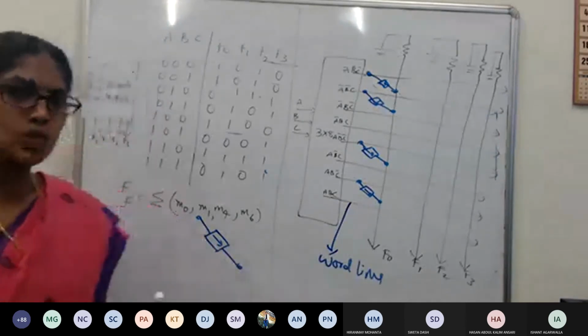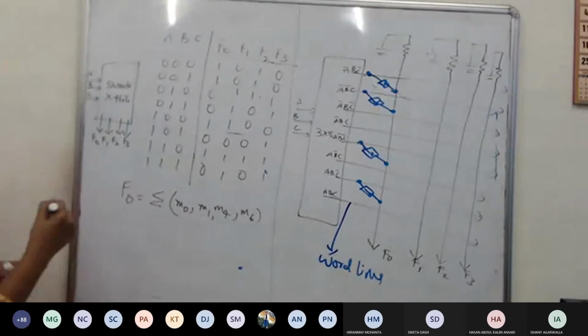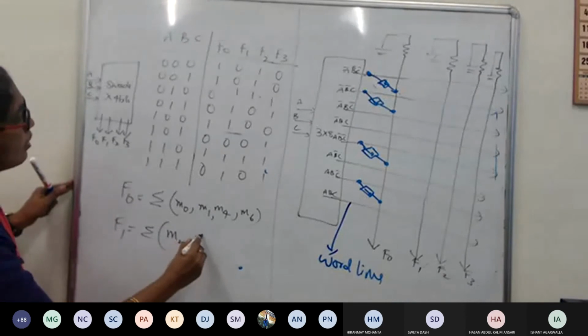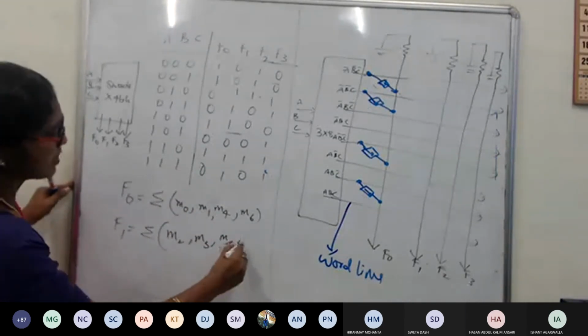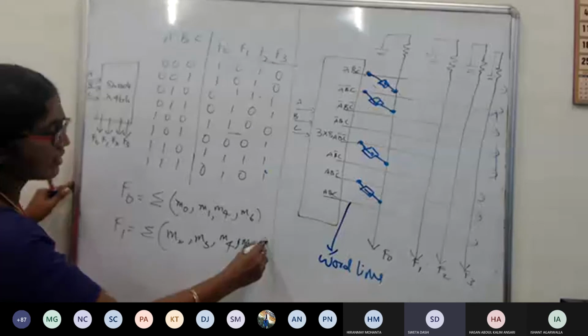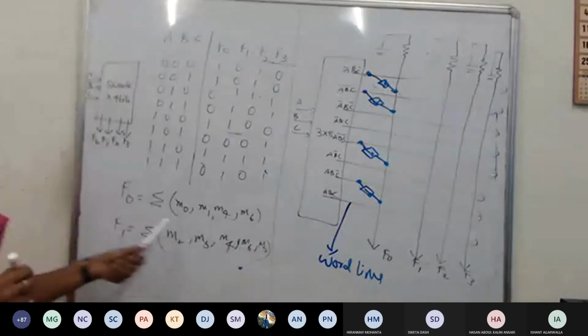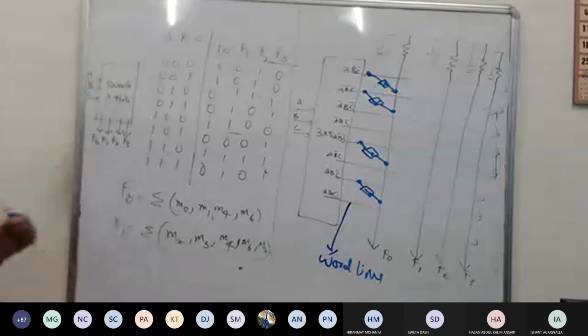Similarly, for F1 also I can make switches. So what is F1? M2, M3, M4, M6, M7. Is that correct? Okay. So now, these are the words which have the right to create F1.